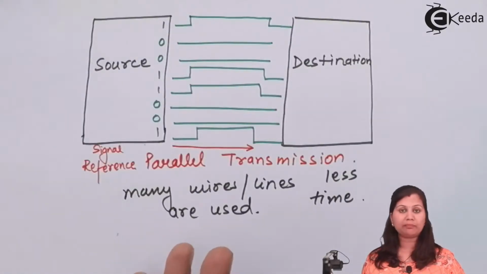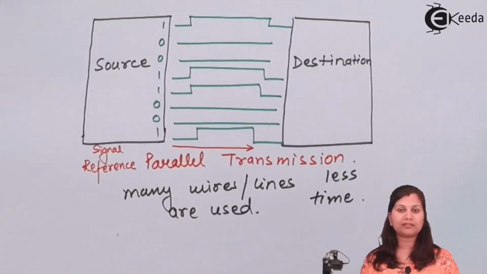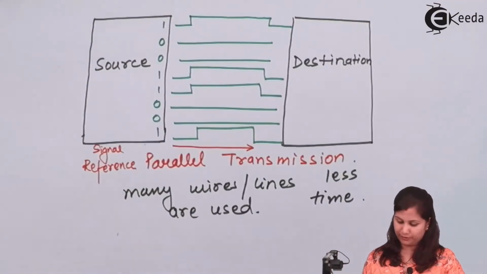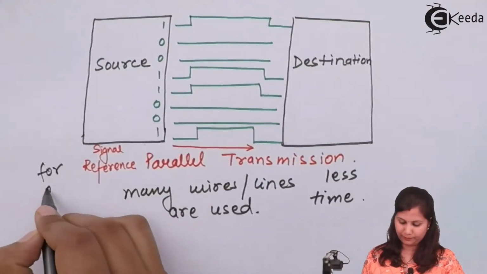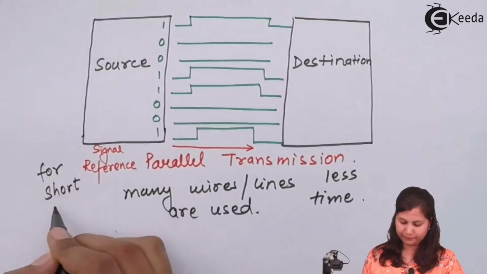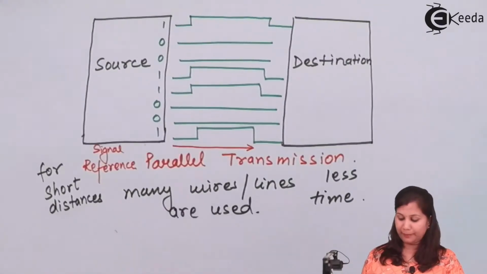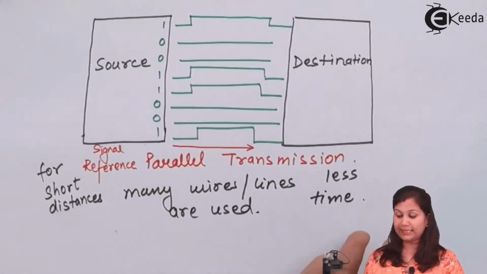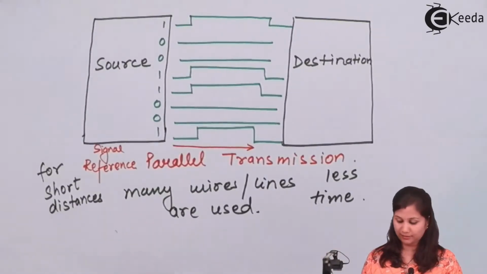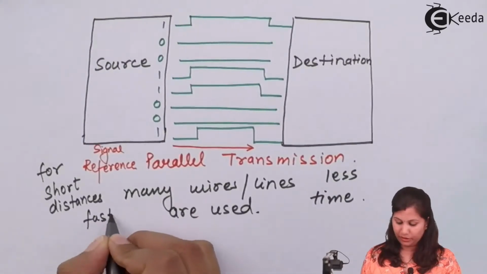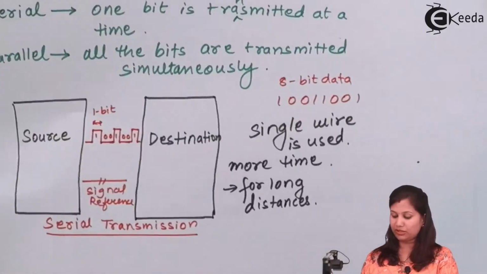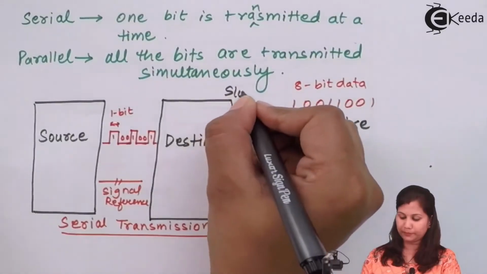Whereas if we are using parallel transmission, all 16 bits are transferred simultaneously. So for short distances, we will prefer parallel transmission. Also, parallel transmission takes less time, so it is faster, whereas serial transmission is slower.